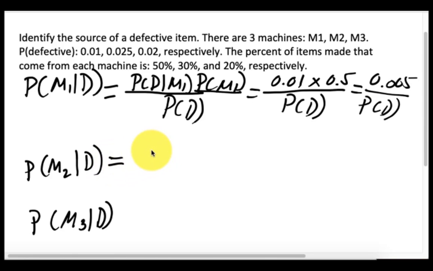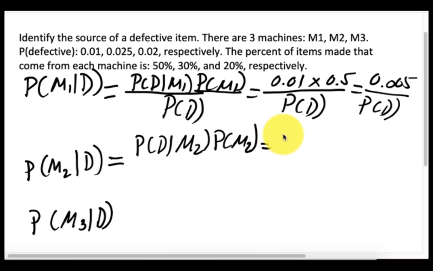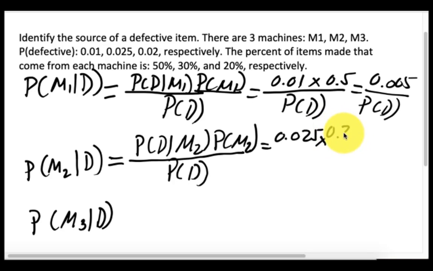And for the second, you get D given M2 times M2. And that would be 0.025 times 0.3 divided by the probability of D. And you get 0.0075.